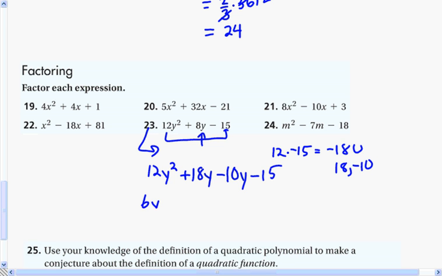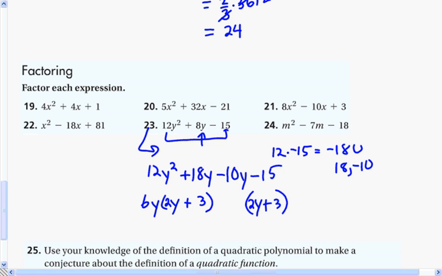That would be 6y is the greatest common factor of those 2 terms, and then we get y plus 3, and then I need to get y plus 3 again, so I have to think about what do I factor out of negative 10 and negative 15 to get that, and that would give me, little mistake there, that should be 2y plus 3.